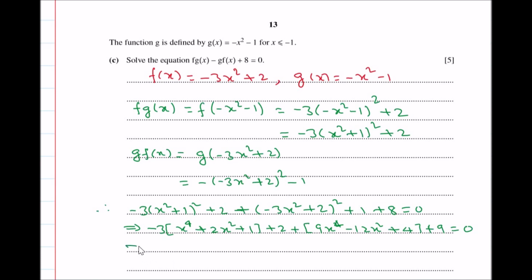Now if you simplify this, we get 6x4 minus 18x square plus 12 equal to 0.